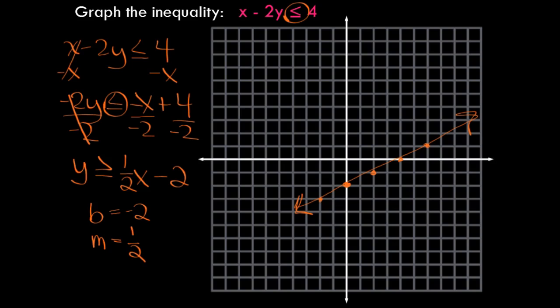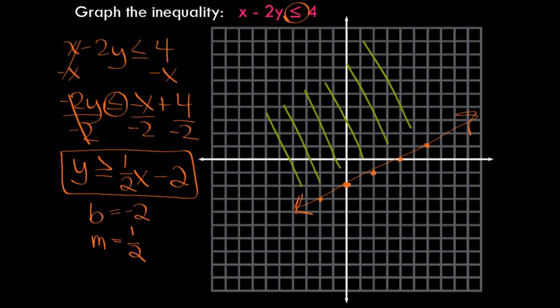So I look at my final equation and it says y is greater than or equal to 1/2 x minus 2. That means I want to shade above the line. So I'm going to go in and put my shading here. If you have a pencil, you can actually shade a light solid color, but if you want to just do that, you can do that too.